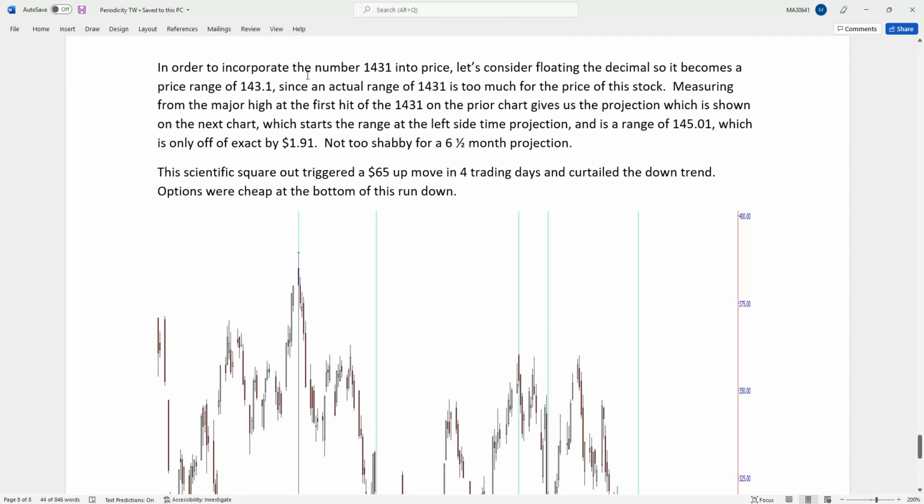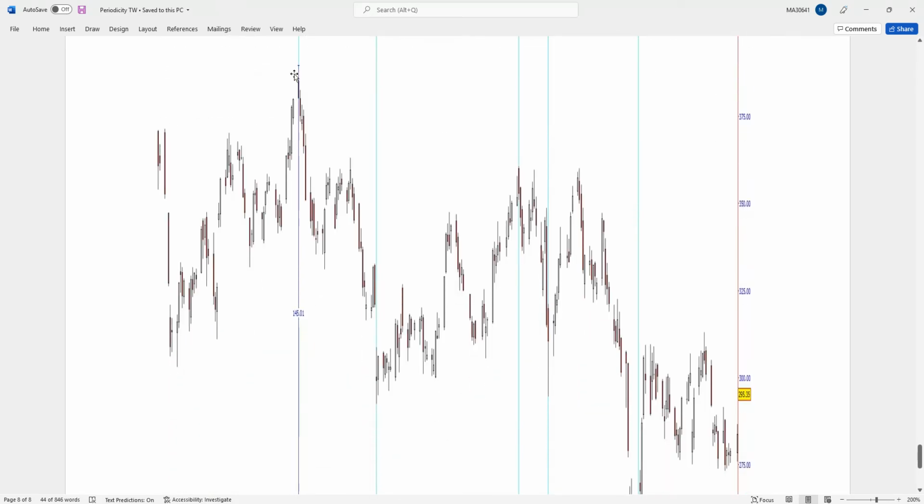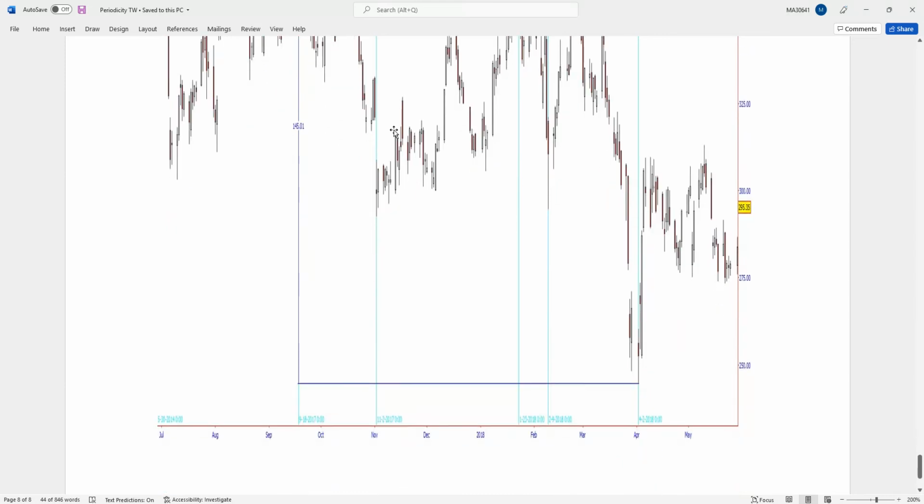So measuring from the major high at the first hit of the 1431 on the chart, which is this one right here, this was our first projection, and that's a major high. So you can see I've got a price counter on there, and what we're looking at is to find out where $143.10 from that high projects down to, and that projects to this low where I have this horizontal line.